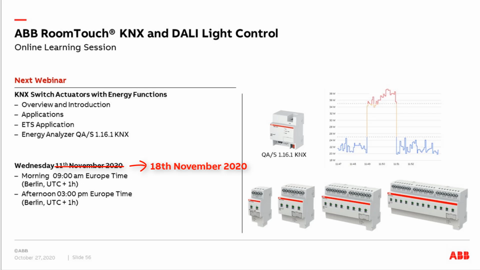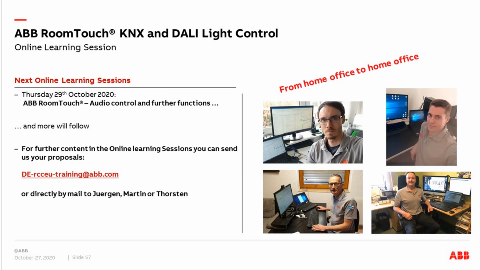We show you everything around the components, but also the solutions behind, on the 11th of November. And still this week, we continue or finalize the topic ABB RoomTouch KNX with some more functions. Audio control will be the main topic, but also some small further functions will be shown on Thursday this week. Please join us, and then you will see a bit more.